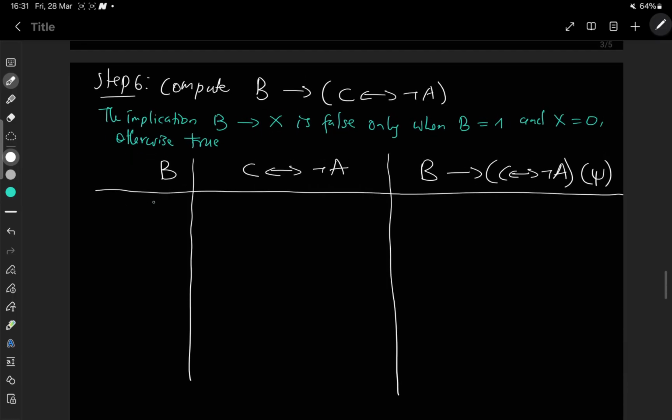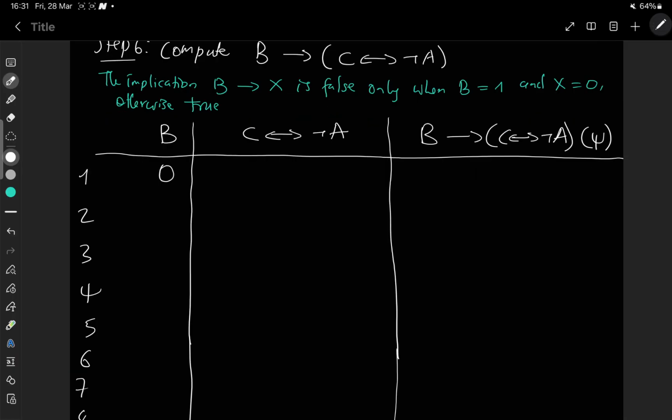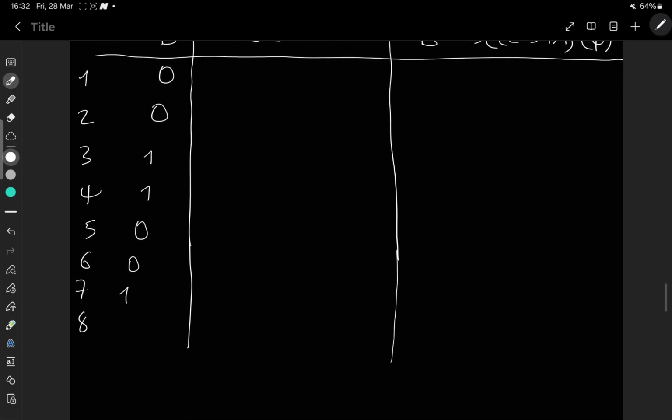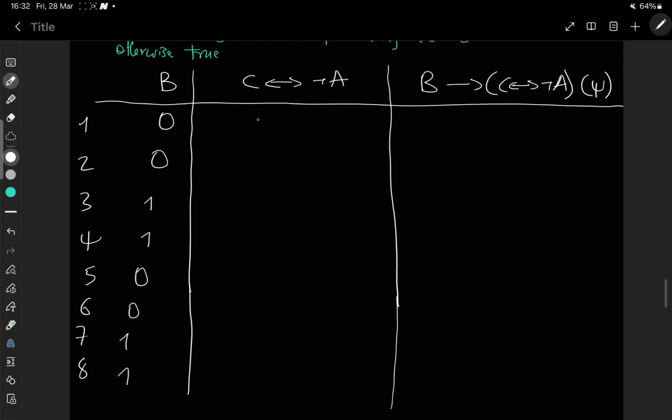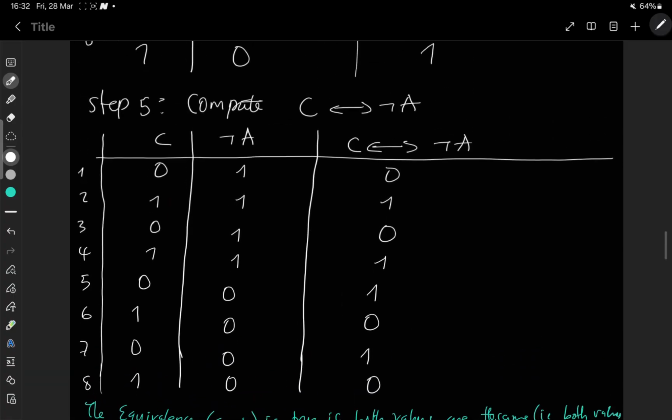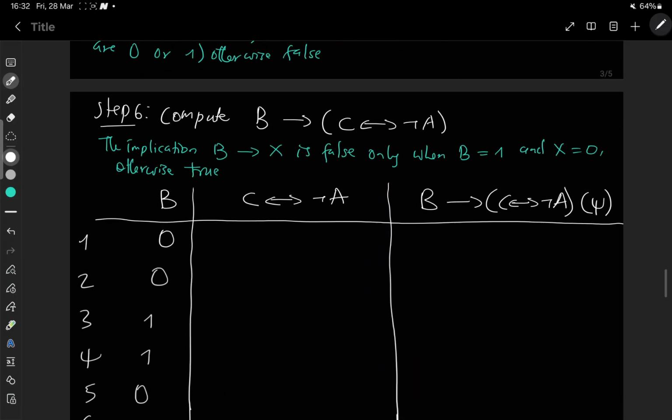So already we have found our B to be 0, 0, 1, 1, 0, 0, 1, 1. And then from here, we have computed this one already from our step 5.